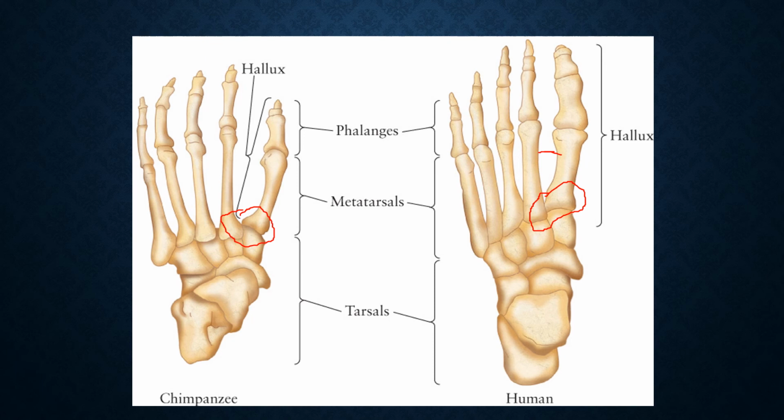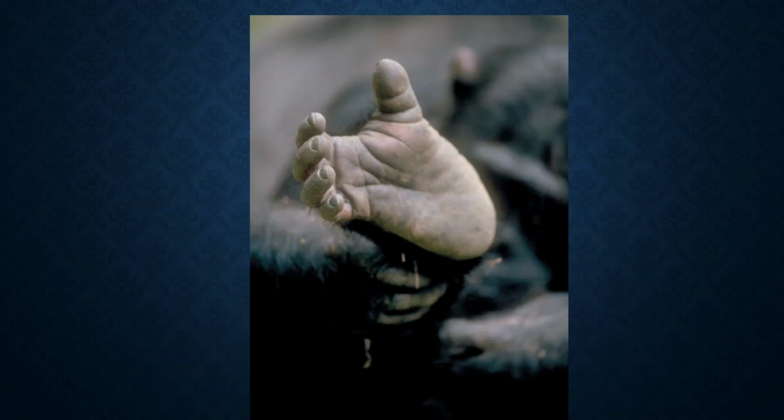Humans, on the other hand, walk on two legs. We need that foot and that toe to be very stiff in order to provide a foundation for our ability to balance on two feet. This is showing you a baby chimpanzee foot, so you can see that huge degree of space between the toes versus the big toe.